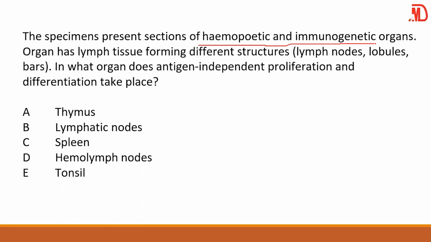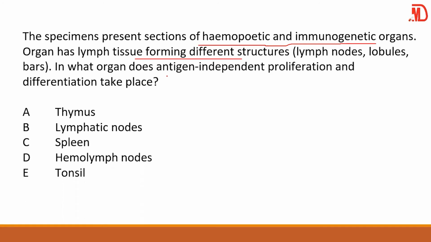And you remember I was telling you about the thymus, inside which cells like lymphocytes grow and mature. And when we talk about immunity, we are referring to the lymphocyte. So again, the organ has the lymph tissues forming different structures.